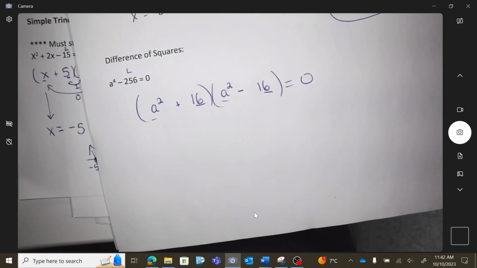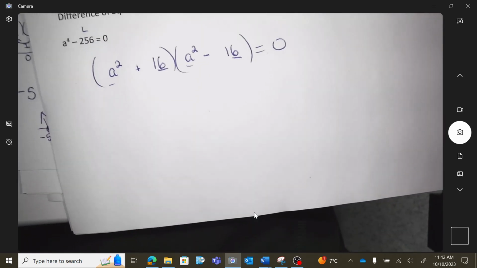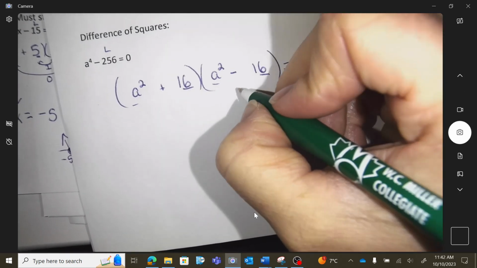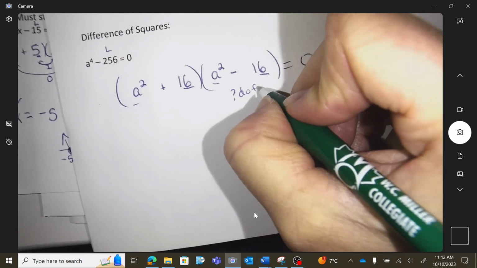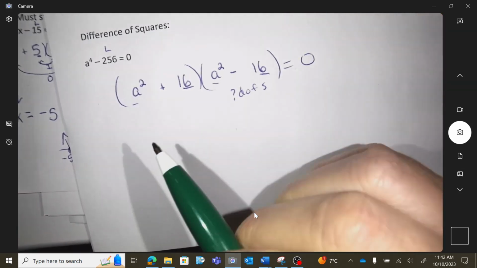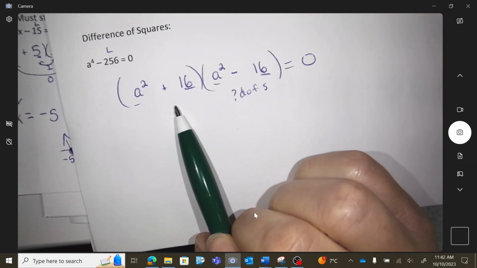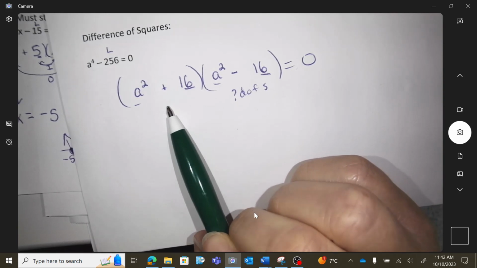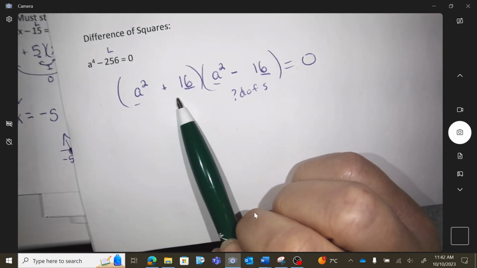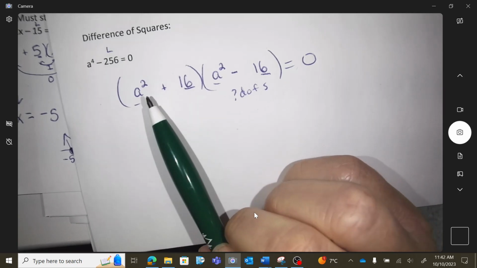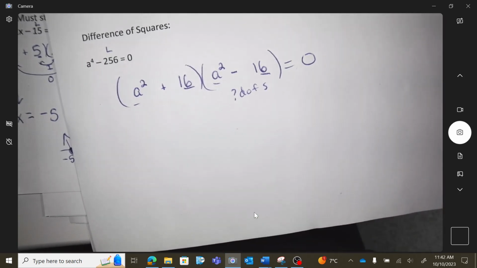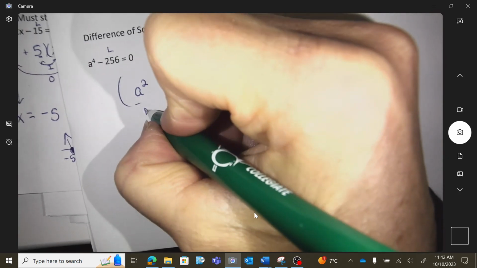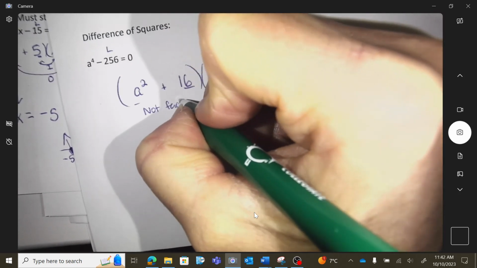Now what? What is a type that you would recognize right now? I see a difference of squares here. This is not a type. This is not a difference of squares. Do you understand that? It's not a subtraction, so it's not a difference of squares. This is actually not factorable.